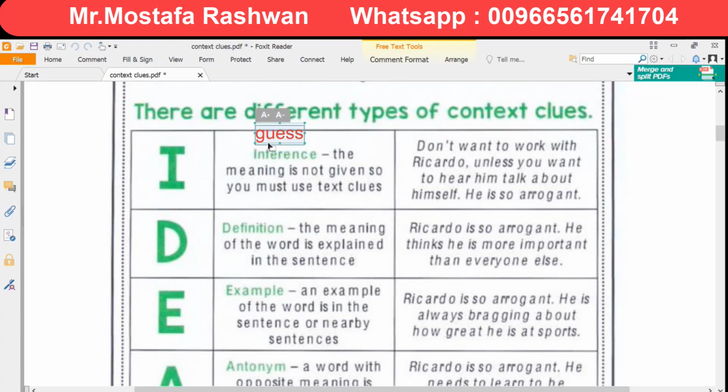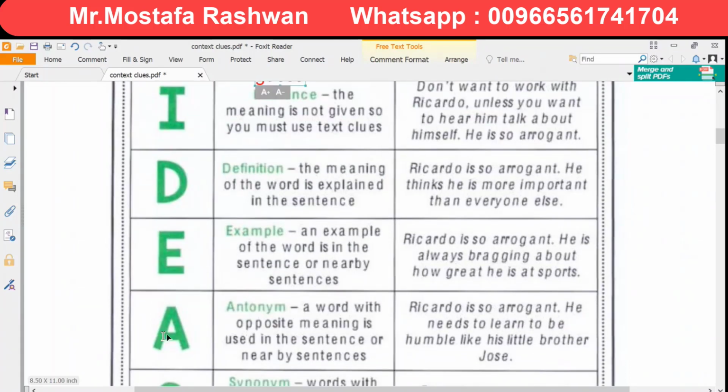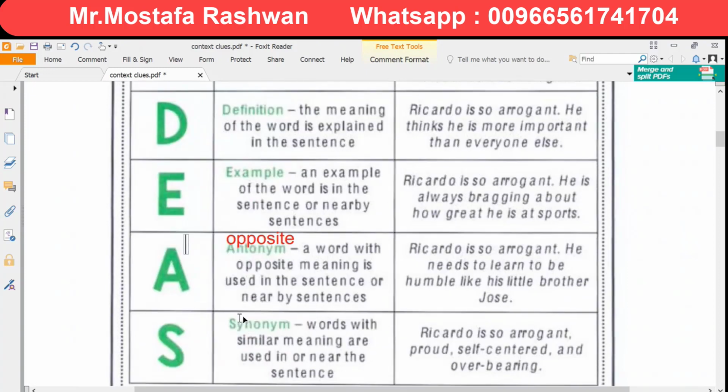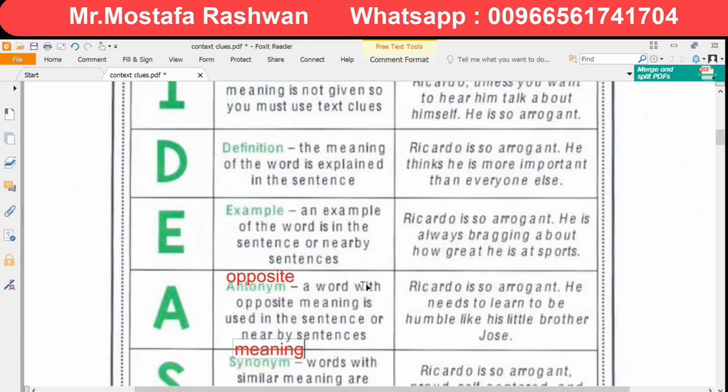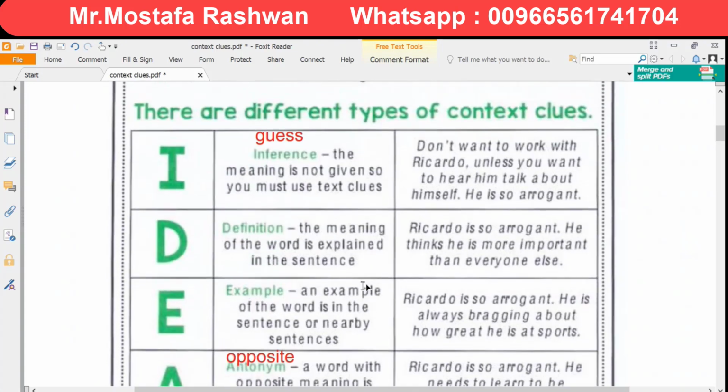What we mean by inference is making a guess based on the data or the available information. D stands for definition. E stands for example. A stands for antonyms, which means opposite of words. And finally, the S stands for synonyms, which means similar word meanings or words that have the same meanings.